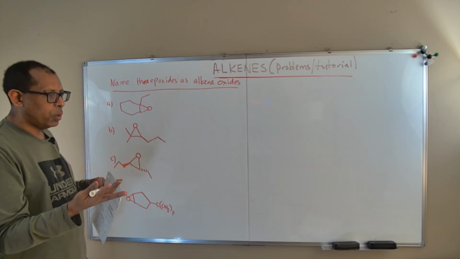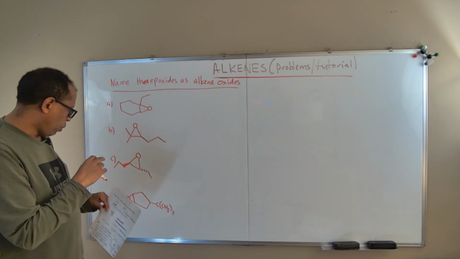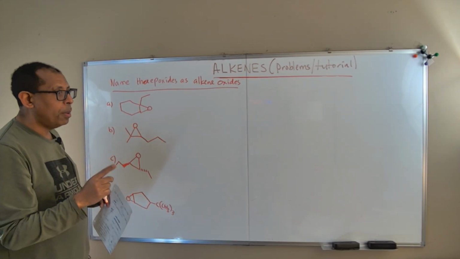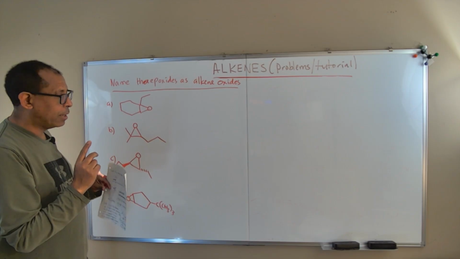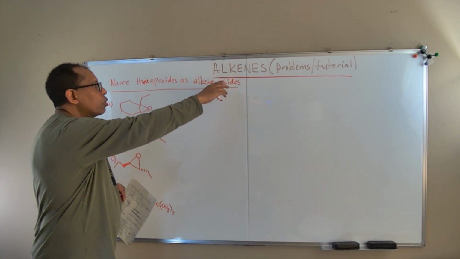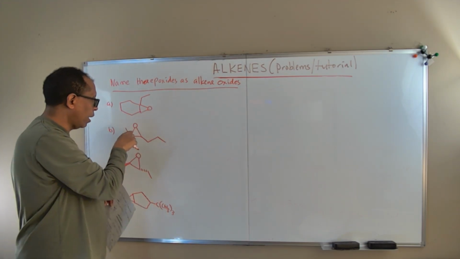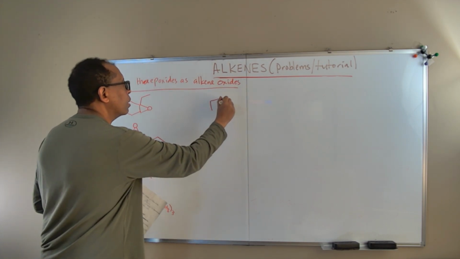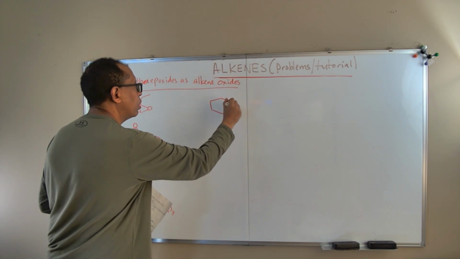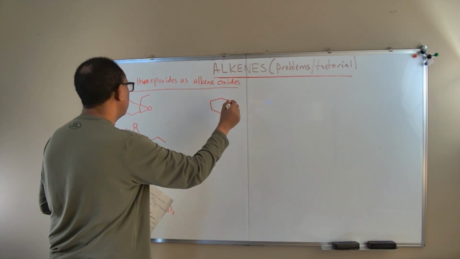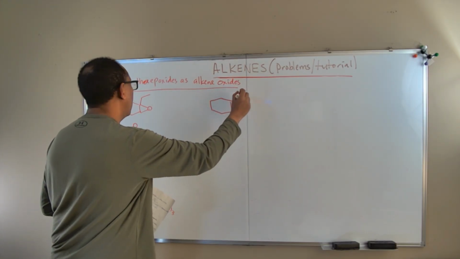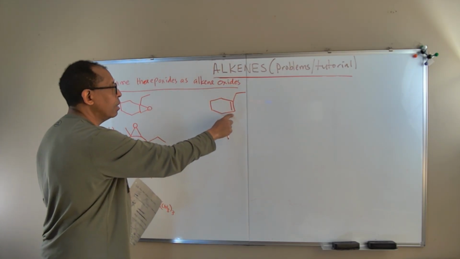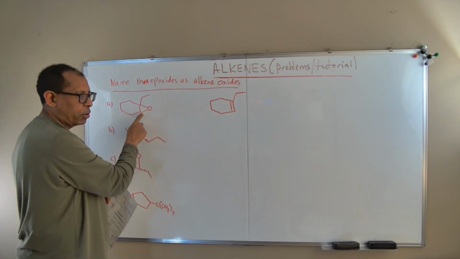In the future, we'll learn about how epoxides are formed. Epoxides are formed from corresponding alkenes. So they could also be named as alkene oxide. For example, in the future we'll learn that this is probably generated from cyclohexene, giving cyclohexene oxide, the epoxide.